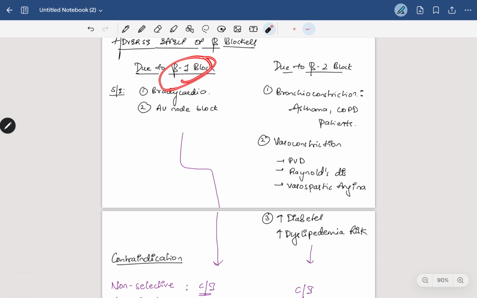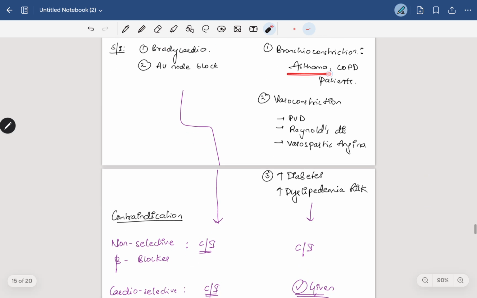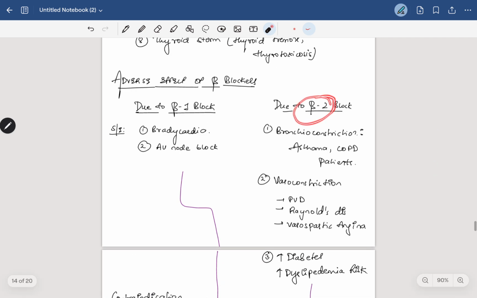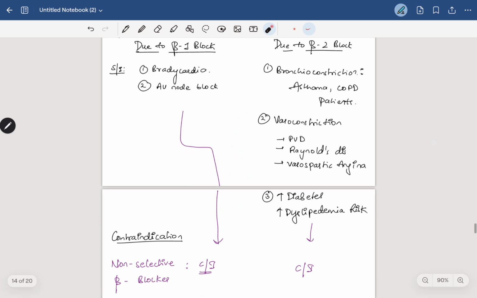It is only blocking beta 1 receptors more. So if a person has asthma and I'm giving him a cardioselective beta blocker, it is not going to increase the effect of bronchoconstriction because it is not acting on beta 2 receptors altogether. Where is it acting? It is acting only on beta 1 receptors, right? More prominently, it is acting on beta 1 receptors. So all these patients are safe.